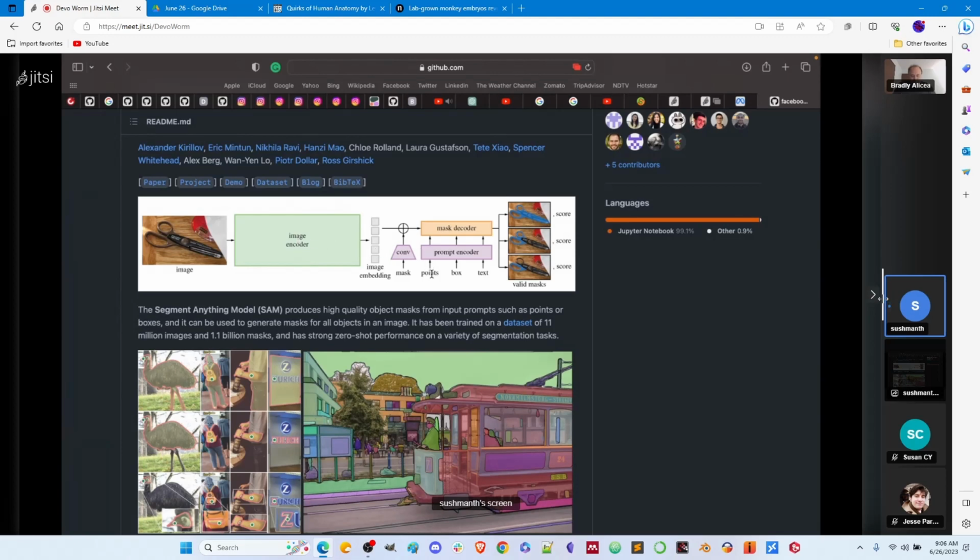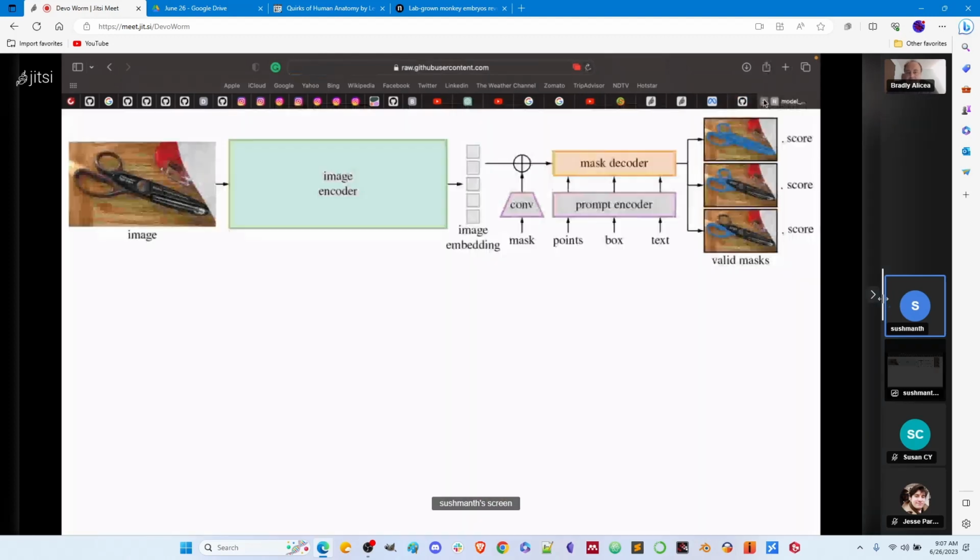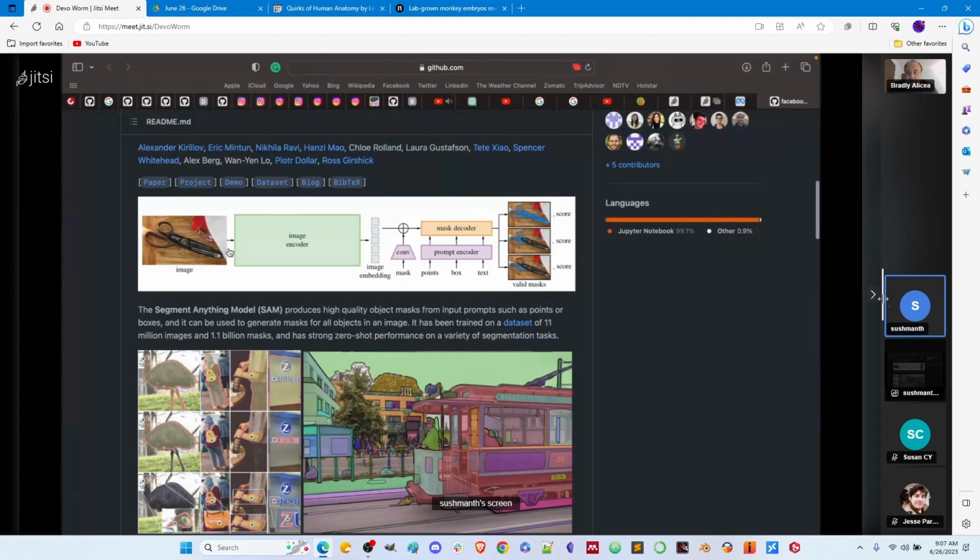And here we need to give another input also: bounding box, points and text. Here we are giving bounding boxes, and whatever the image encoder outputs will go to the mask decoder. Until these days I was thinking of giving the image directly to the mask decoder, and it was not working.